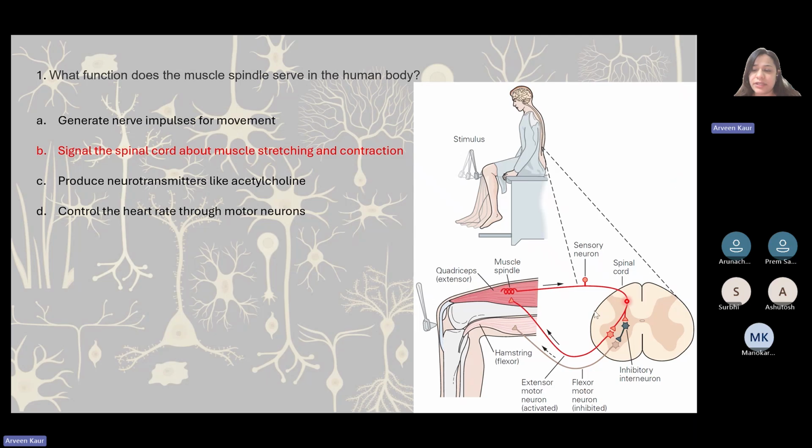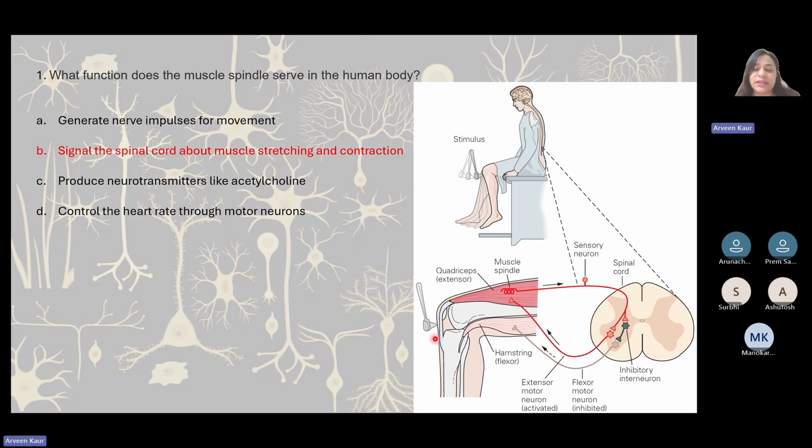Right? So, for instance, there is an external stimulus, and this is the set of muscle fibers, which together is known as the muscle spindle. For instance, over here we are talking about the thigh muscle, the quadriceps.